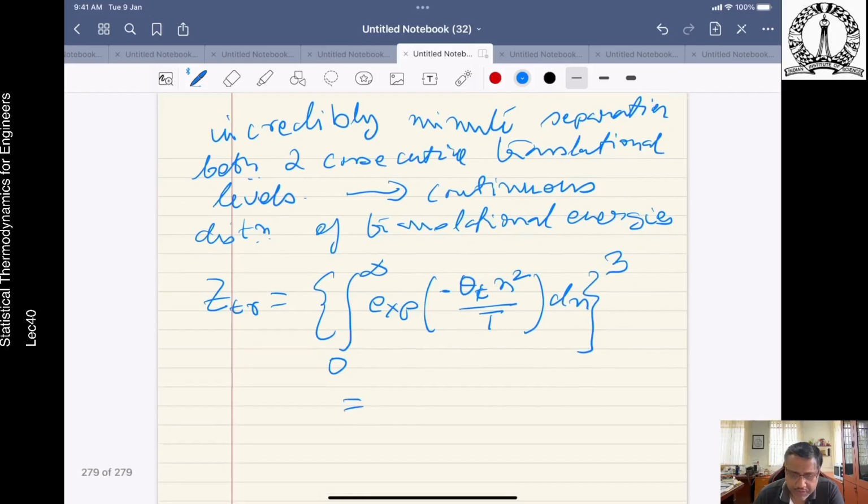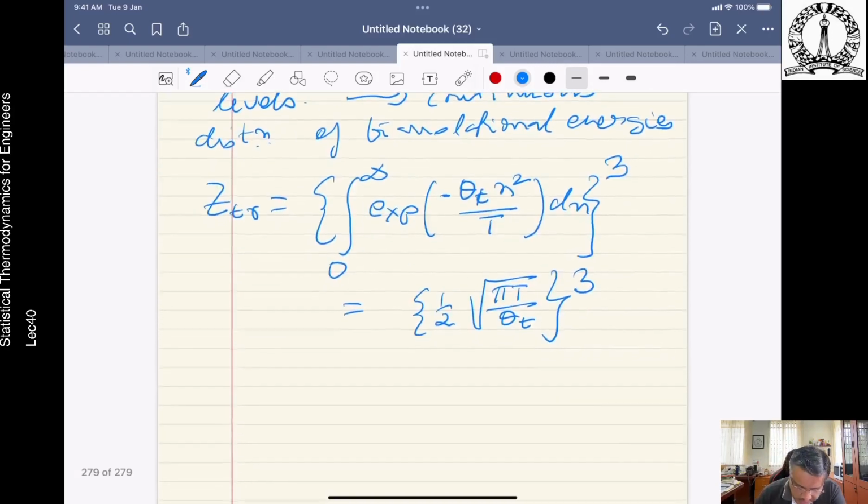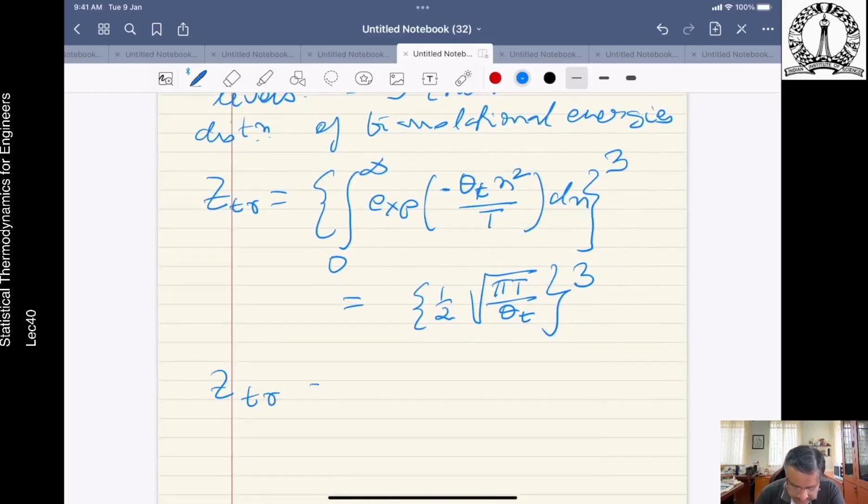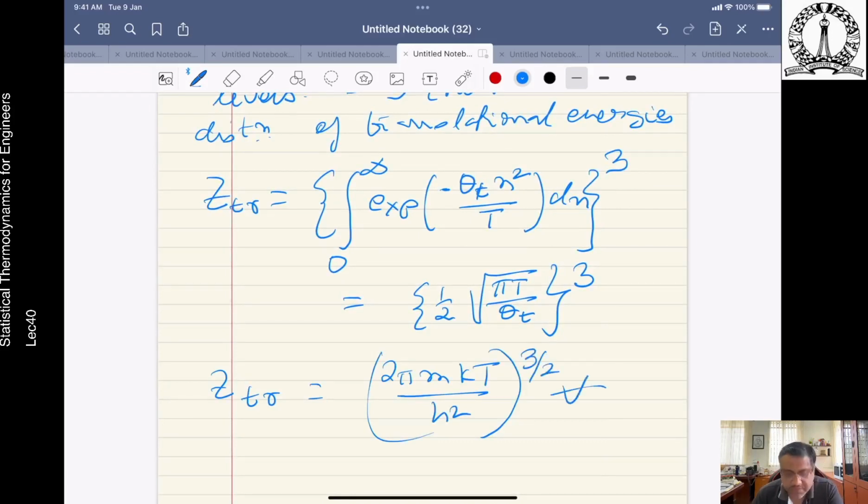This integration, if you perform, it will lead to half pi t by theta t cube. If we substitute this, the Z translational therefore becomes 2 pi mkt by h squared whole to the power of 3 by 2 into V.